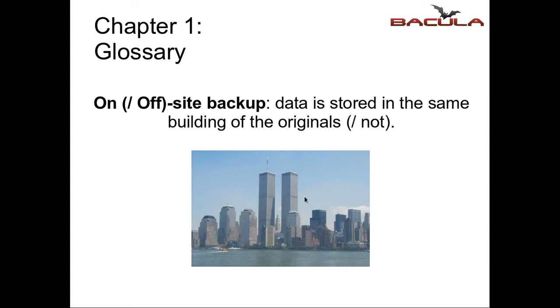The backup data from one tower was stored in another tower. So when the two towers failed, all the data from originals and backups was lost. So it's something to think about.